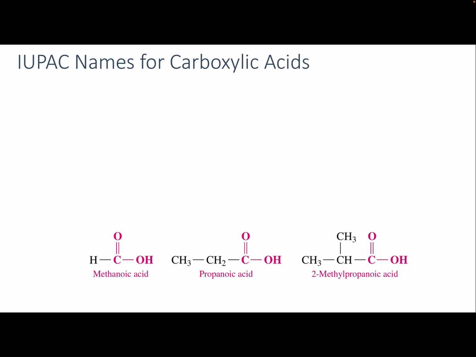Just to start off, in the IUPAC system, we take the ending of the parent chain, we drop the letter E, and we replace that with oic acid. So methane, CH4, we would drop the E, it would be HC double bond O, OH.